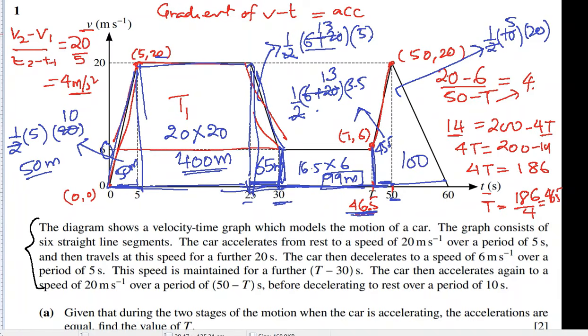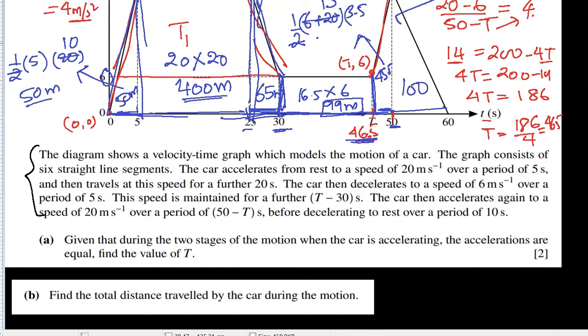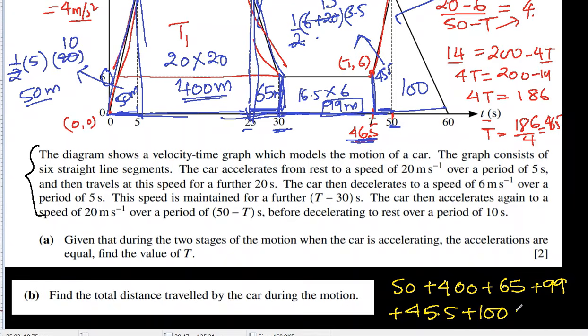So now we can write the whole distance traveled. This is 50 meters first, then 400 meters, then 65 meters, followed by 99 meters, 45.5 meters, and finally 100 meters.